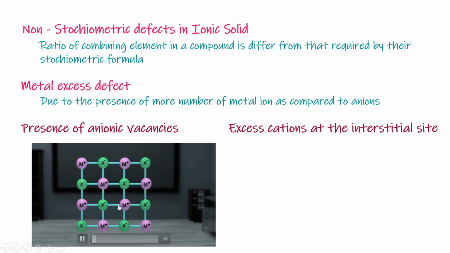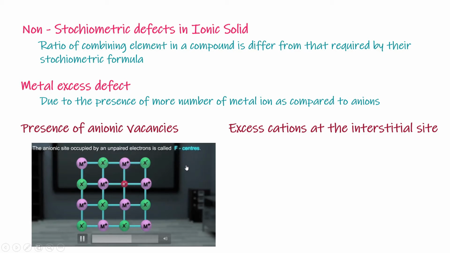Let us consider this is a crystalline solid. Here an anion is missing from the lattice point and forms a vacancy. This vacancy is filled by an electron to maintain the whole crystalline solid electrically neutral. The unpaired electron present in the vacancy is known as F center.